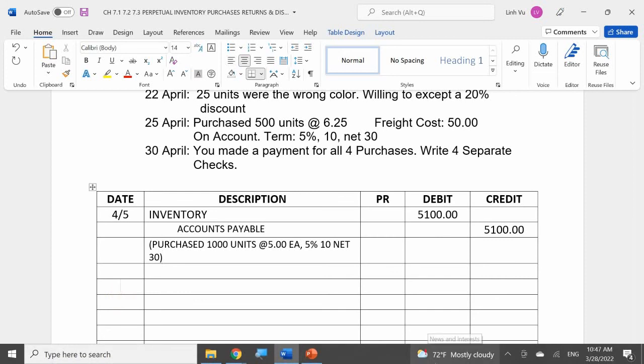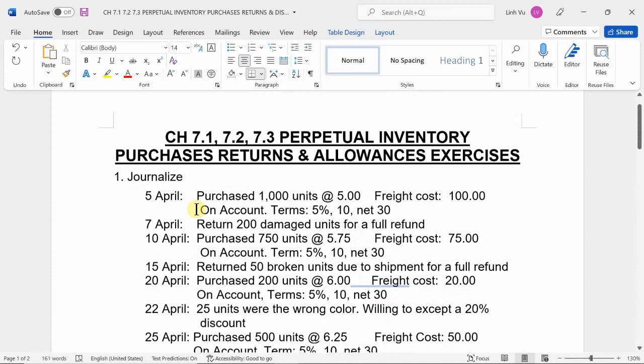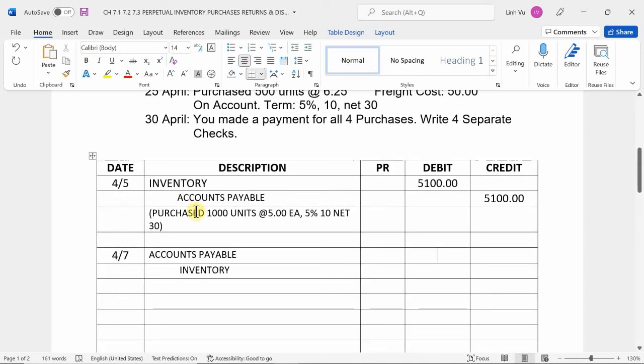It would be accounts payable, inventory, both at 1,000. Good. So in this case, I need to reduce the amount that I owe. And because I placed it into inventory, I need to take it out from inventory. 200 times $5 is 1,000.